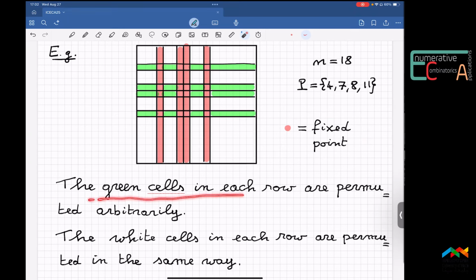The green cells in each row are permuted arbitrarily, in this row, in this one, etc. Of course, the pink cells are fixed. And the white cells in each row are permuted all in the same way. So if in the last row they are permuted in a certain way, all the others are permuted in the same way.